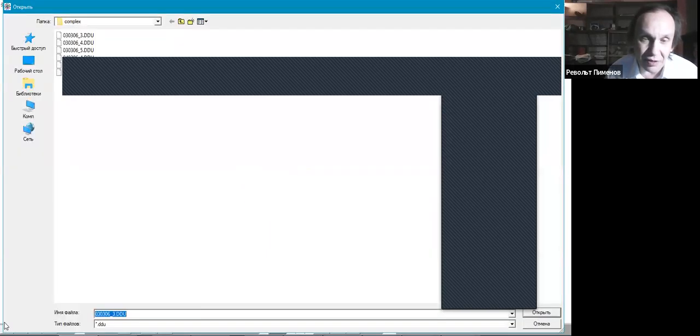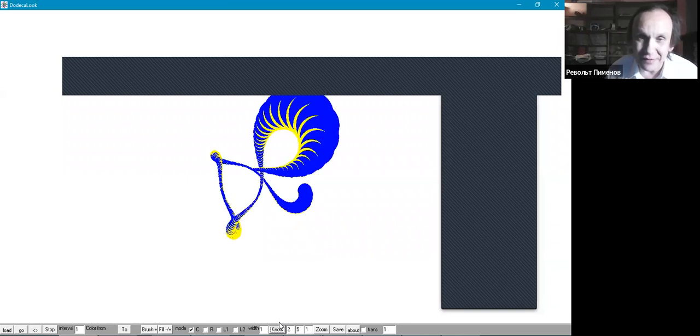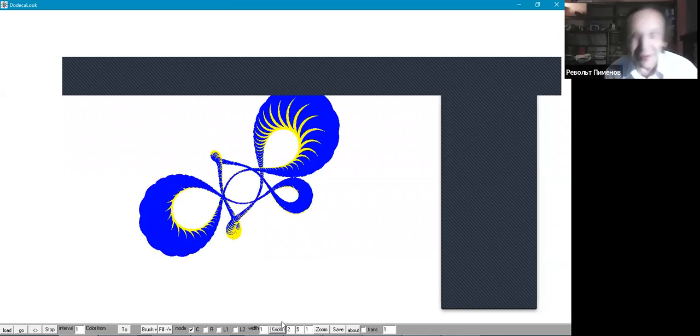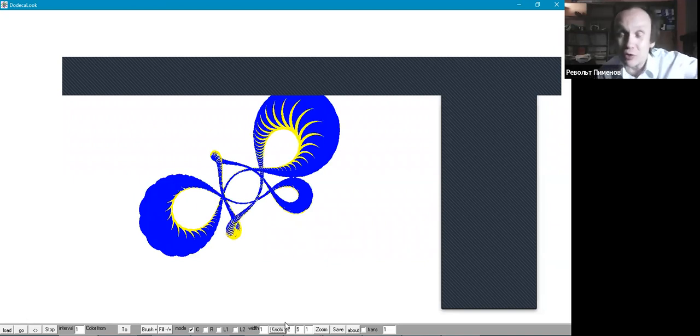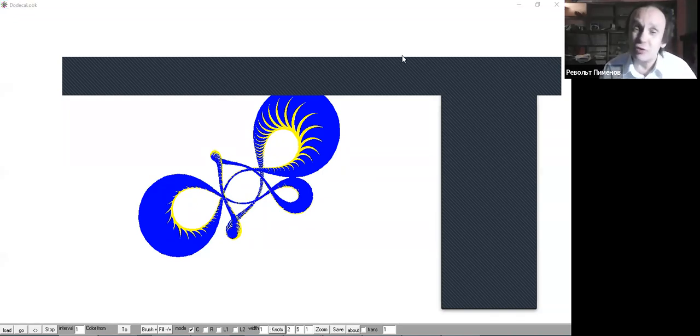I show not hierarchy 2. This is a simple not hierarchy 3, hierarchy 3. And I look at this. In that case, it is not so clear what these parameters mean.